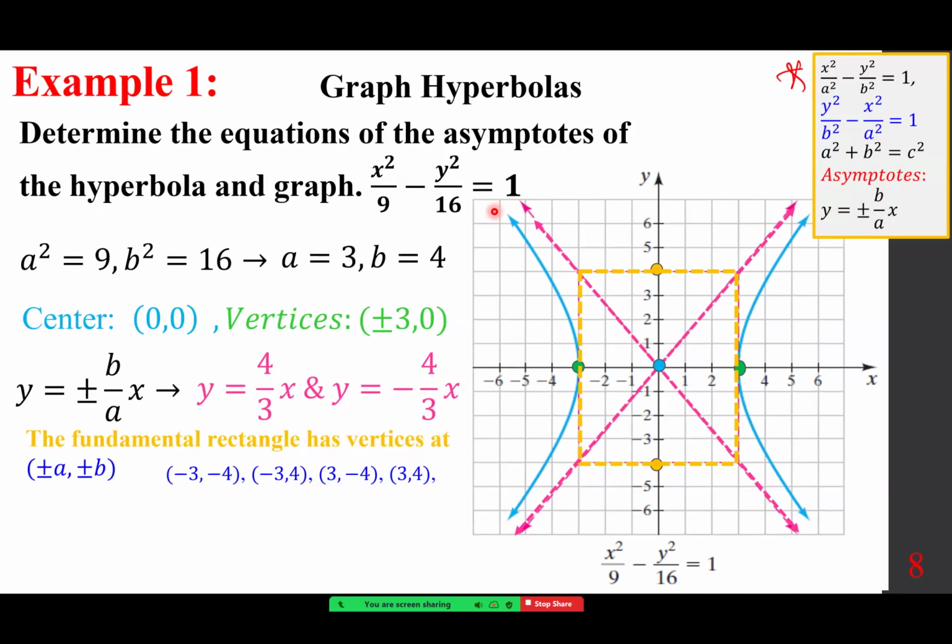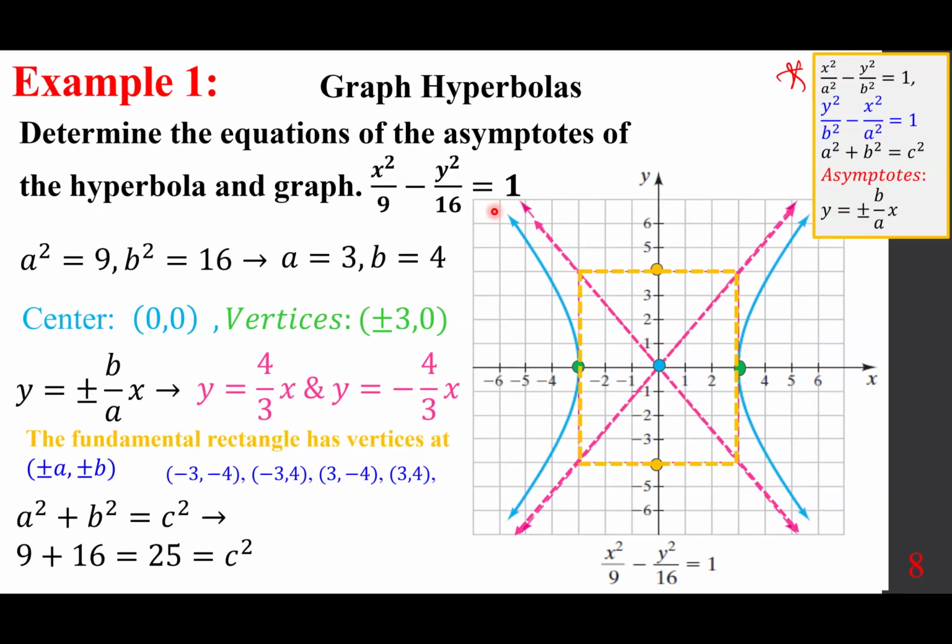Now, for the analysis, let's find the value of c. We know a squared plus b squared equals c squared. And over here, we had a squared and b squared already. So 25 makes c 5. And therefore, foci are at plus minus 5 and 0. So it makes c equal to 5.